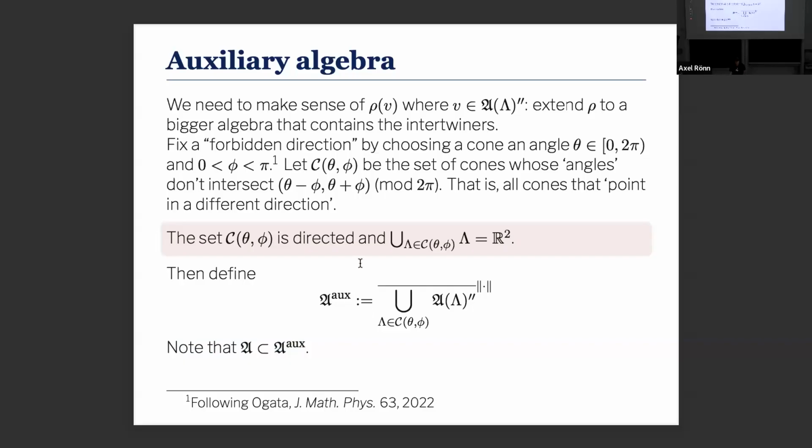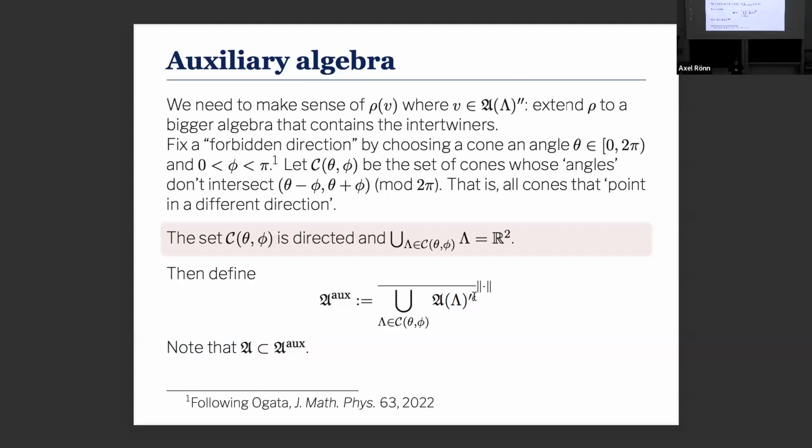Maybe I should point out at this point that I was talking about this in the vacuum representation, pi zero, but of course, taking this closure depends on which representation you're in. So this algebra depends on the choice of the reference representation. Good, so that's our auxiliary algebra.